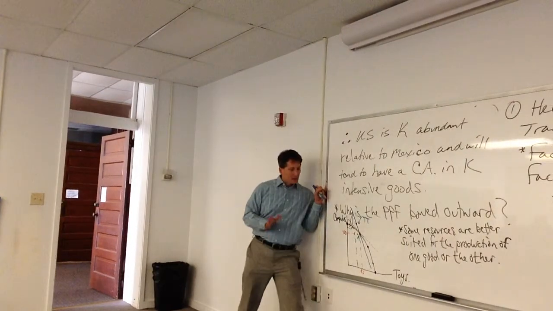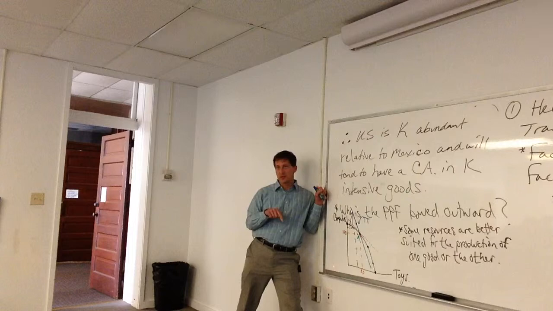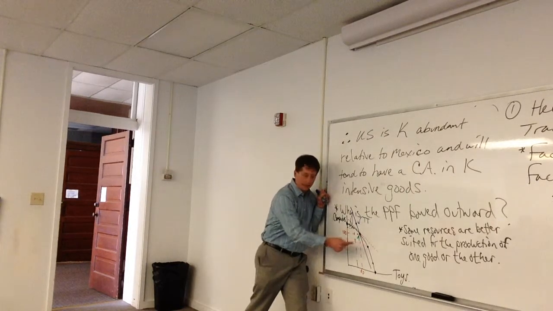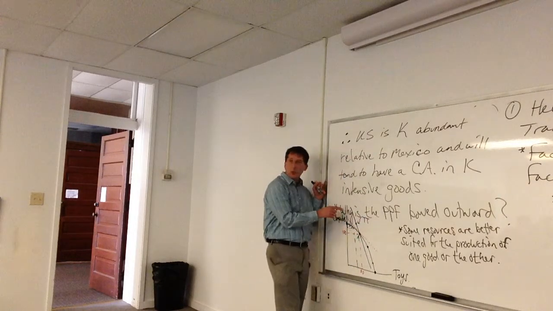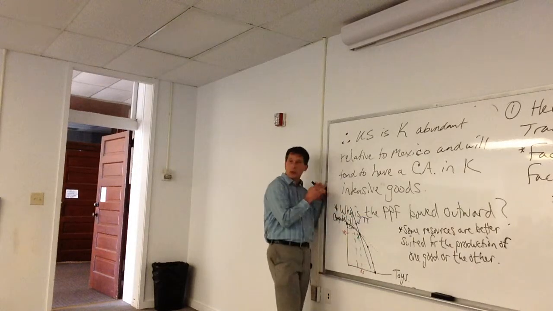Okay, and so what I want to be careful about is, what are we really doing when we're moving the line out? We're reallocating our own resources. So we're not really moving the line, but we're moving our production point. Now we're going to move our production point until we've squeezed out all opportunities given to us by the world prices.